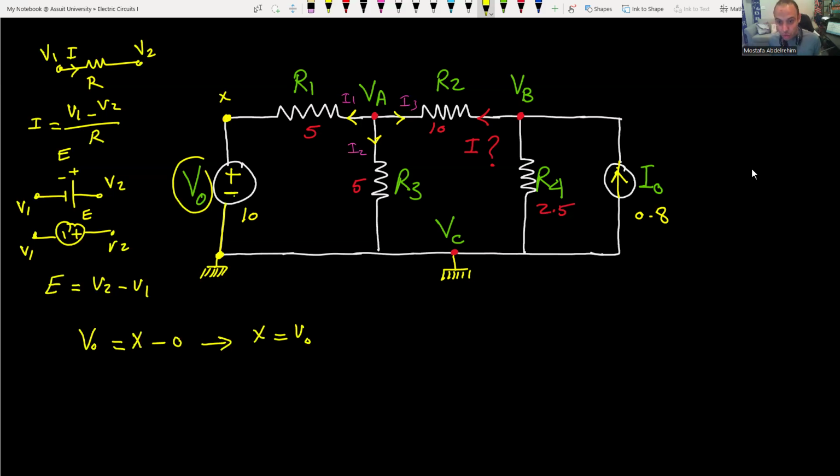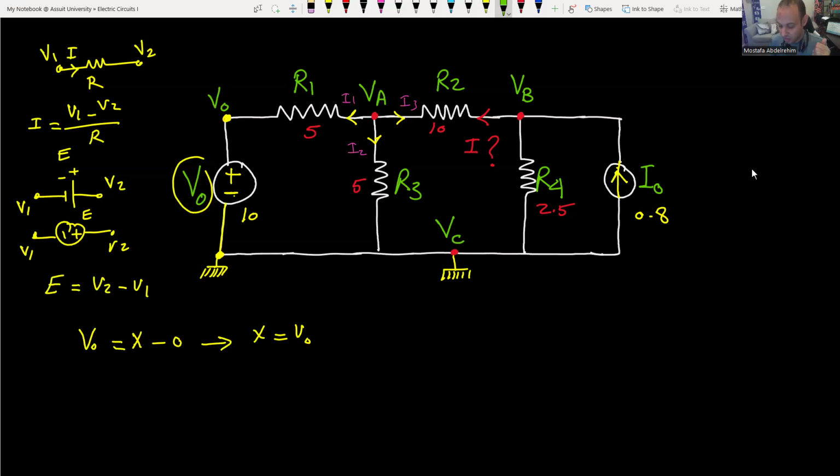Basically, what the battery does is raise the voltage of its positive terminal in reference to its negative terminal by the amount of that battery voltage, which is E in this case, or V naught in this example. Let's remove X here and put V naught in green.